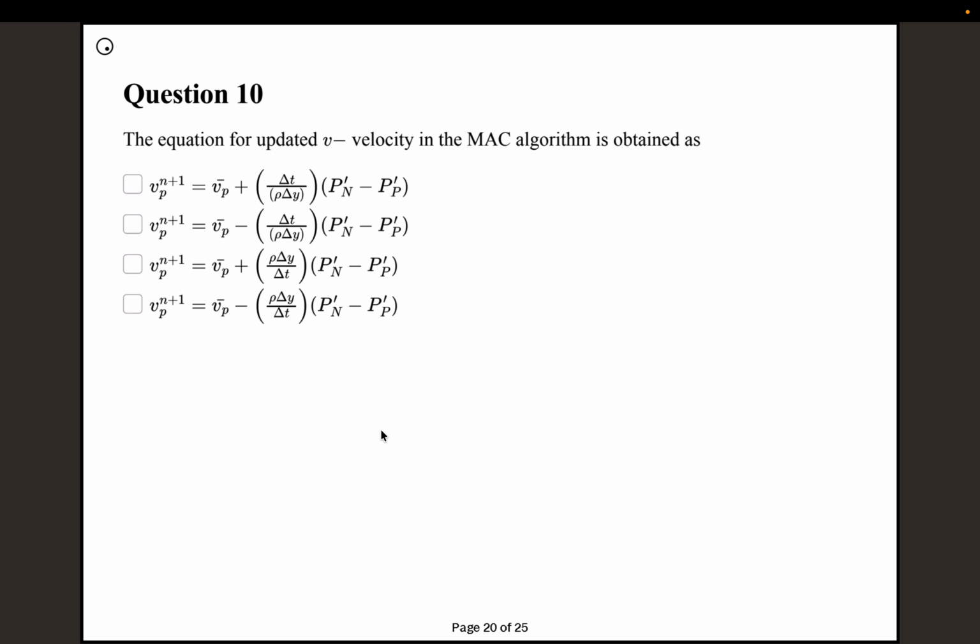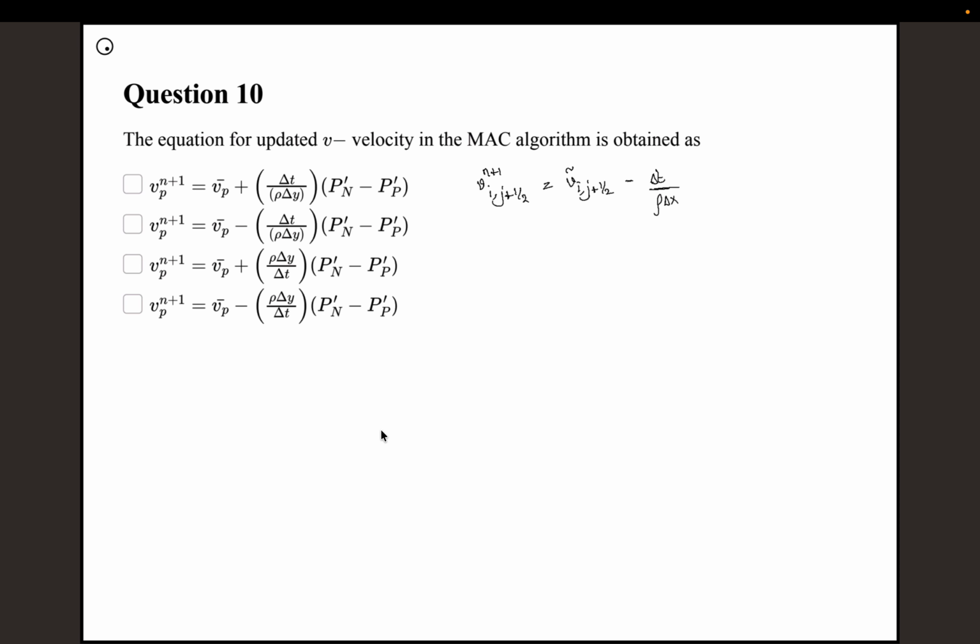This is the last question. The equation for the updated v velocity in the MAC algorithm is obtained as. So for any velocity, the update equation can be written as, to recollect the original term, v n plus 1 at i comma j plus half is v tilde, whatever you are obtaining at i comma j plus half, minus delta t by rho.